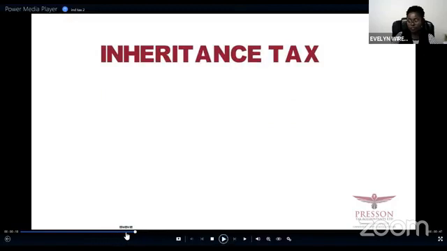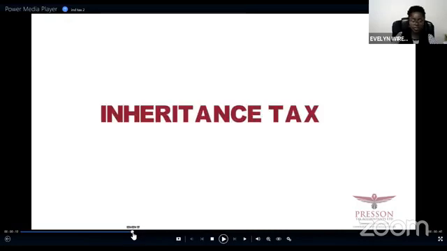So the next one that we want to look at is inheritance tax. What is inheritance tax? Inheritance tax is a tax on the estate. When we say estate, what we mean is the property, the income or possessions of someone who has died.